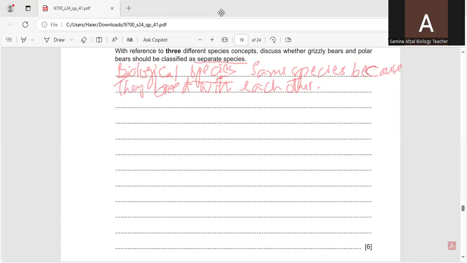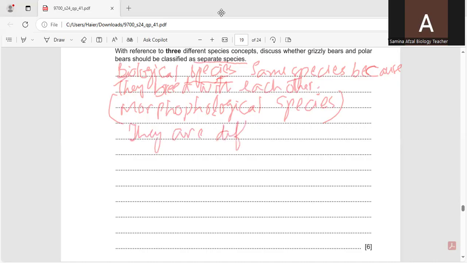The other is the morphological species concept. Morphologically, they belong to different species, as they are different in shape, size, mass, and color. So they are considered as different species.